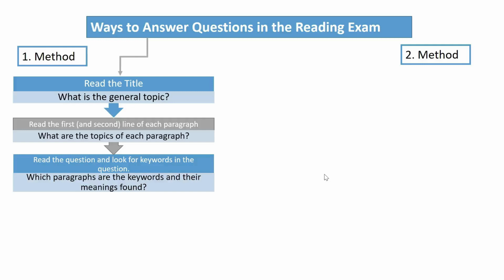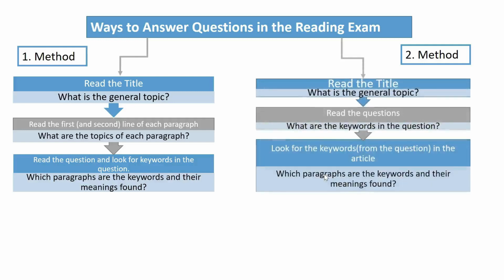And then after that, you read the question in the exams and look for keywords in the question. So each question will have keywords. And then you go to the paragraphs and identify which paragraph has those keywords in the question.